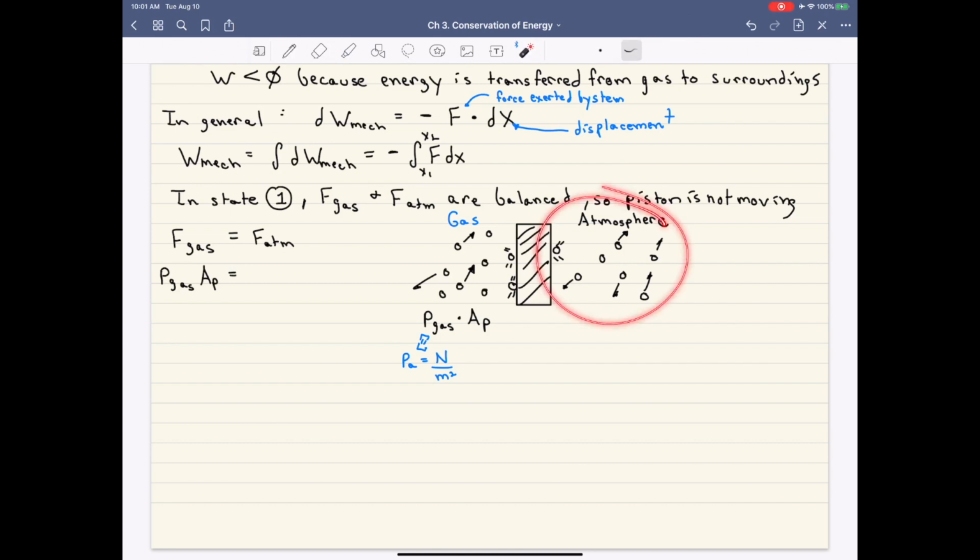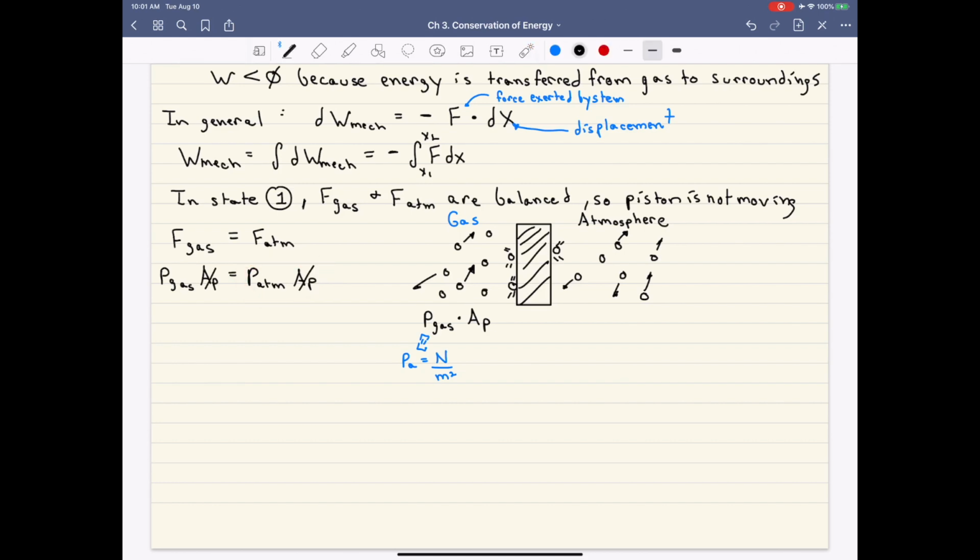Conversely, we could do the same sort of analysis for the atmosphere. We know that the atmosphere is characterized by some sort of pressure, P atm, and that these atmosphere molecules are acting against this face of the piston. So area of the piston. All right, and so in our relationship, we have P gas times area is equal to P atm times that same area.